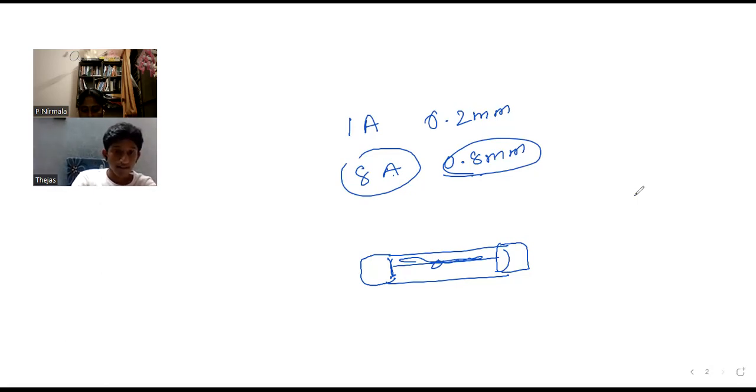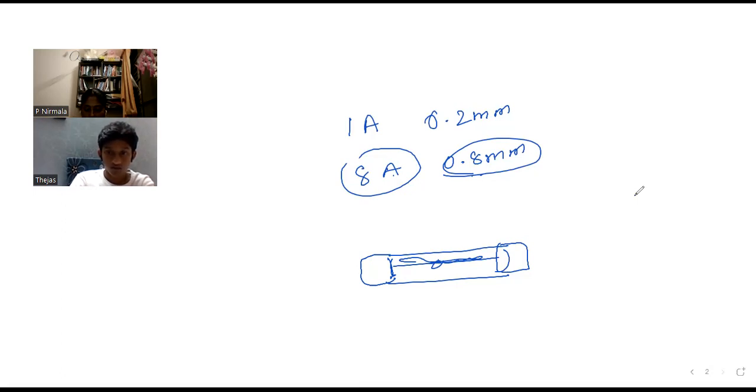So here the fuse wire is connected only to the live wire. The earth wire and neutral wire are not connected to the fuse wire. Why? Because we have to protect the appliances from high current. From the main circuit to the main fuse, the live wire is coming.